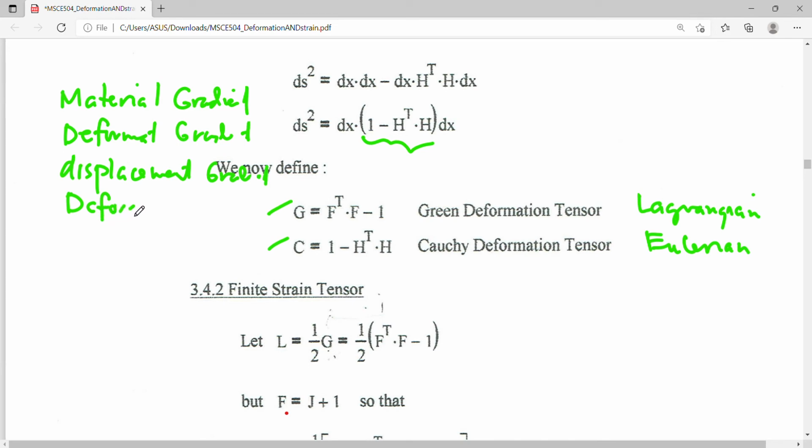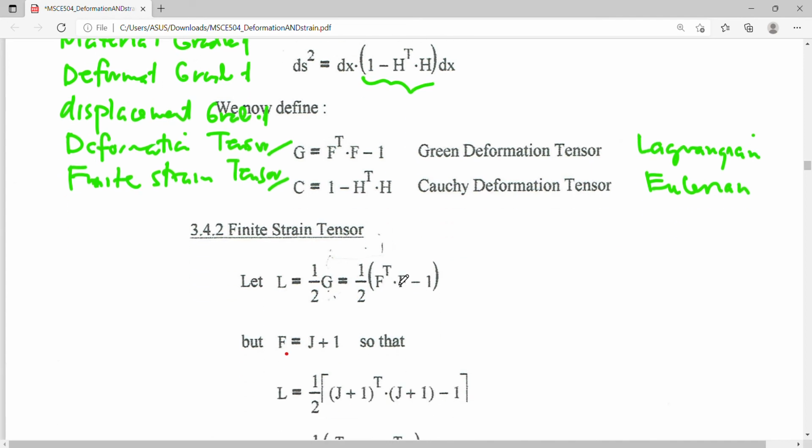So we have the deformation tensor, and we also have here our finite strain tensor. So these are the terms we have to understand, to make use of later in our application concerning deformation and strain problems.